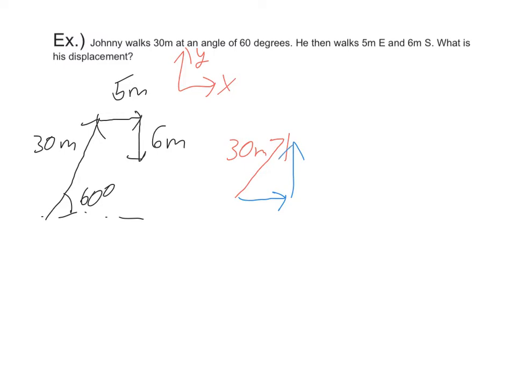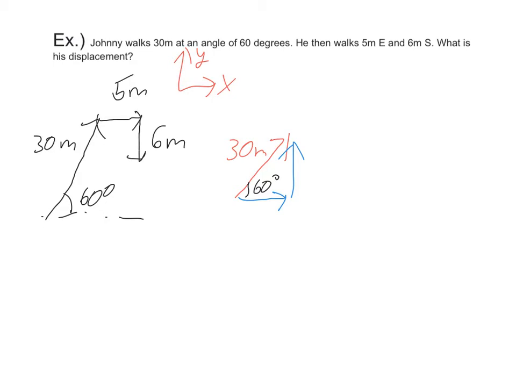So in red, I have my original displacement vector. And then in blue, I have the two components, my x component pointing in the positive x direction and my y component pointing in the positive y direction.